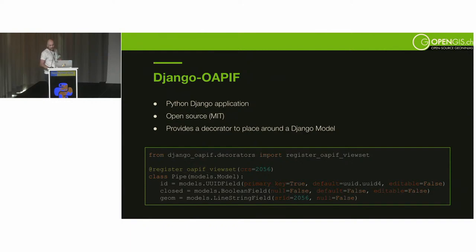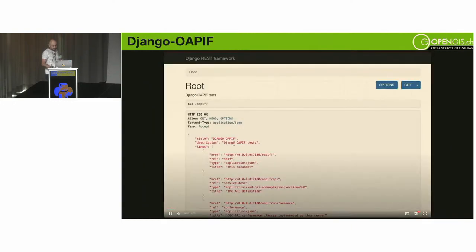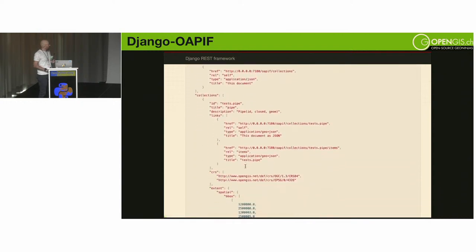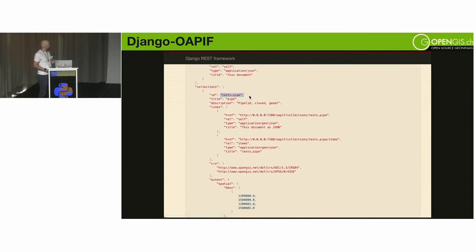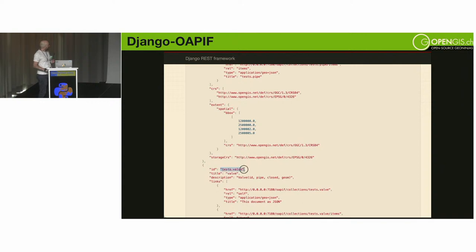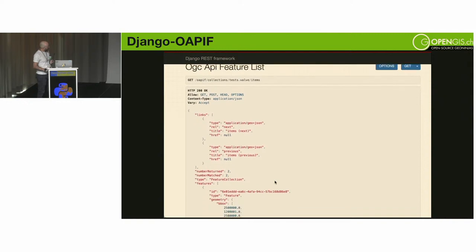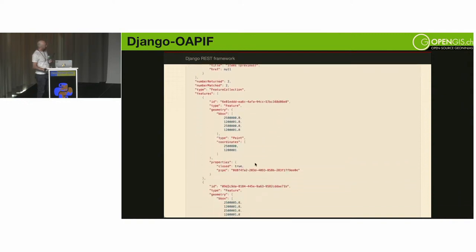And that's basically it. Now I have my endpoints available by doing only that, and I can browse the endpoints. I see the two layers, pipes and valves, and I can go to my items that I see here.